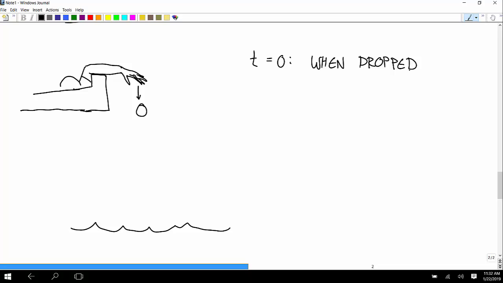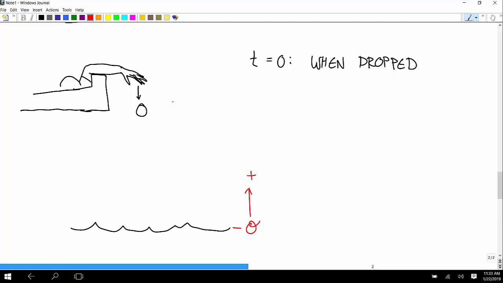Position equals 0, we could do this a couple ways. I normally choose the 0 position to be sort of at the lowest point in the problem, and then I choose the positive direction up. But you just have to be clear to yourself about what that choice is.